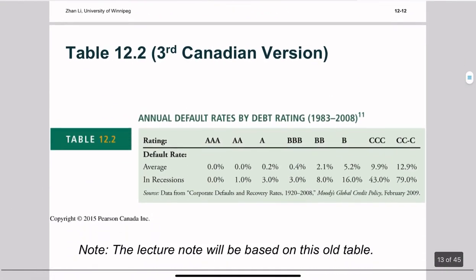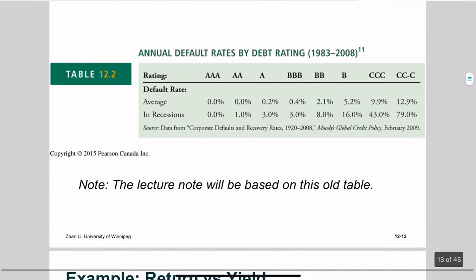Okay, now let's see. Here we have some data about annual default rates by debt rating. I think this is for the U.S. market. Yeah, it should be for U.S. firms.